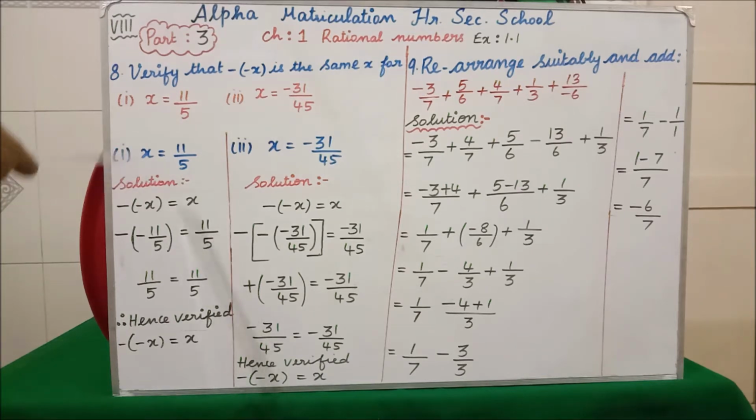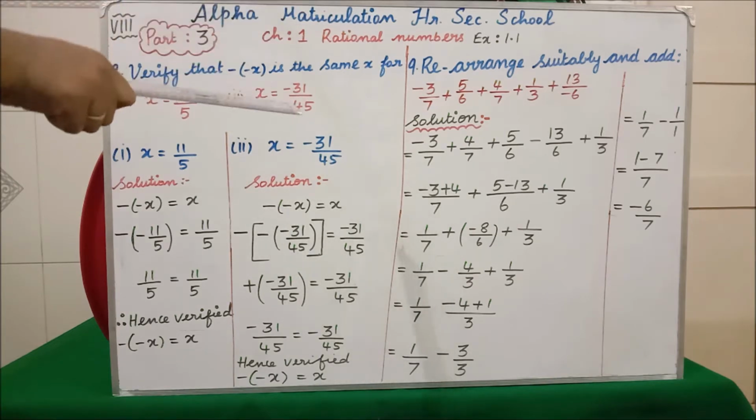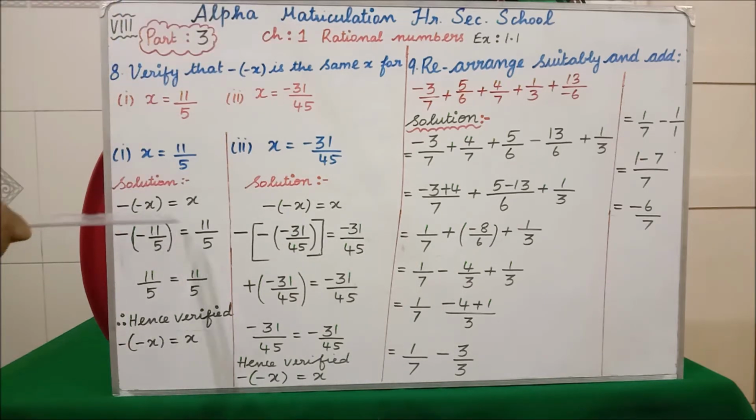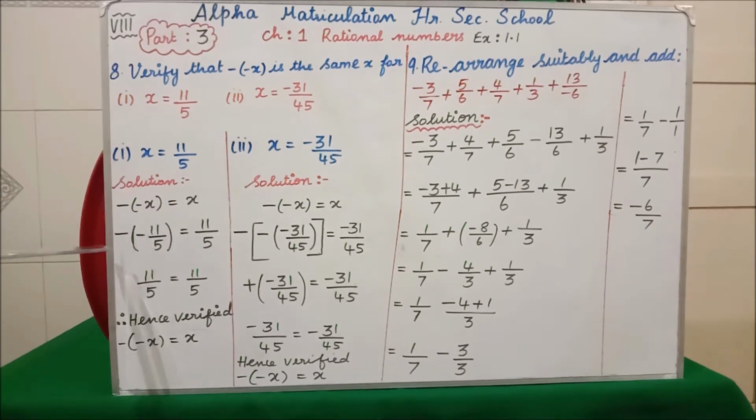x is equal to 11 by 5. That is our question. Okay, what are they asking to verify? Minus of minus x is the same as x, means minus of minus x equal to x. Now first step, I have written this minus here, then this minus here. What is the x value they have given in the question? 11 by 5.